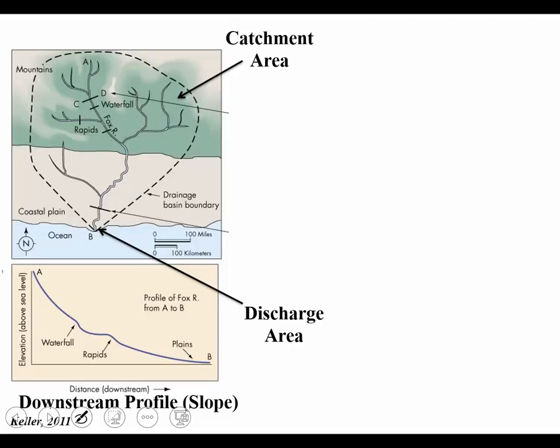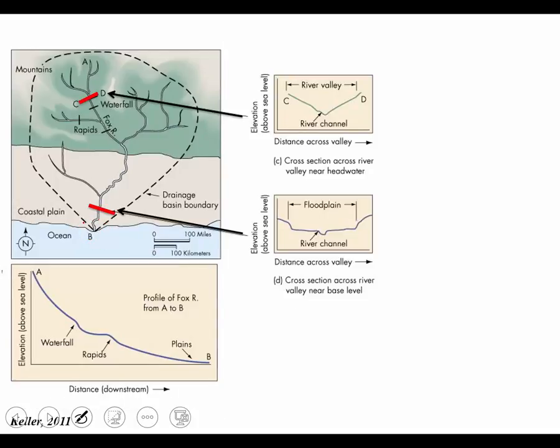Okay. Now, when we look at a large drainage basin, the upstream area is the catchment area. The discharge area is going to be where it empties into a standing body of water. And we could look at different types of rivers or different morphologies of the rivers as we go from these dissected uplands down to the coastal plain and into the delta.